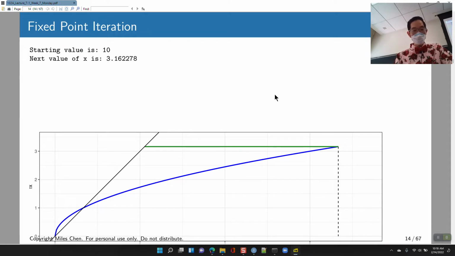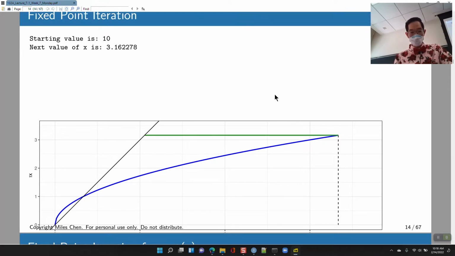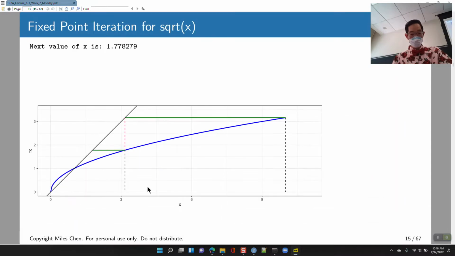And so here, let's try to find the attractive fixed point of the square root. Okay, so I start off at 10. Here's our function. The square root of 10 is 3.16. This is the line y equal to x, 3.16. So now at the next iteration, we will start at 3.16. We take the square root of that. That takes me to 1.778. The next iteration, I start at 1.778.